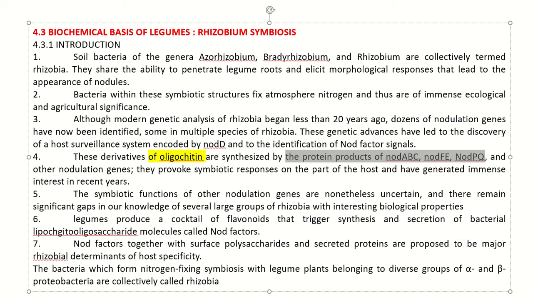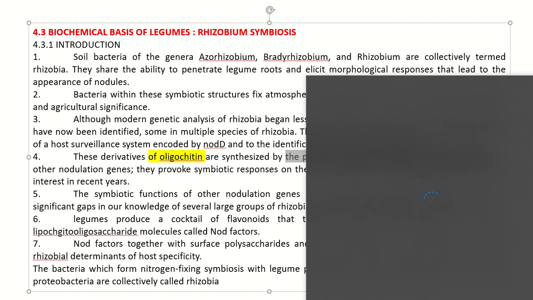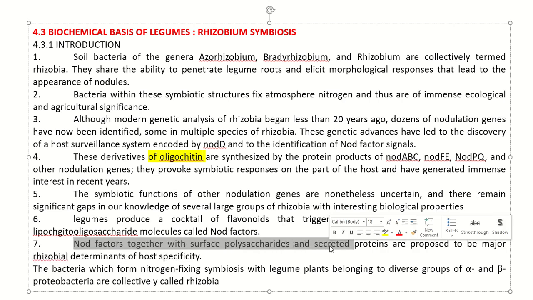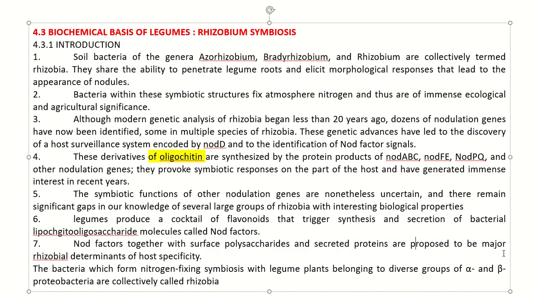There are certain other nodulation genes that have already been taught to you. So, provoke symbiotic responses on part of the host range. So Nod factor together with the surface polysaccharides and secreted proteins are proposed to be the major rhizobial determinant of host specificity.